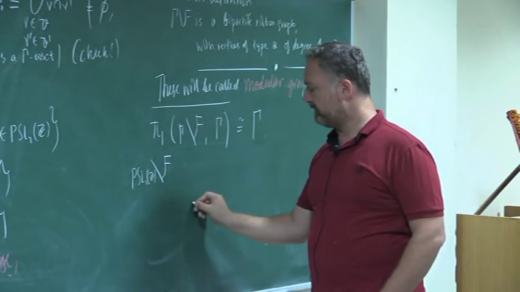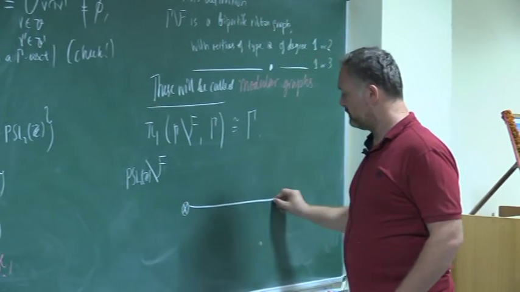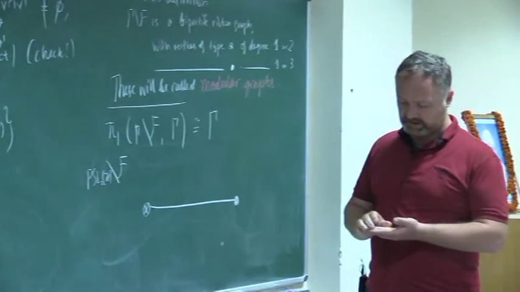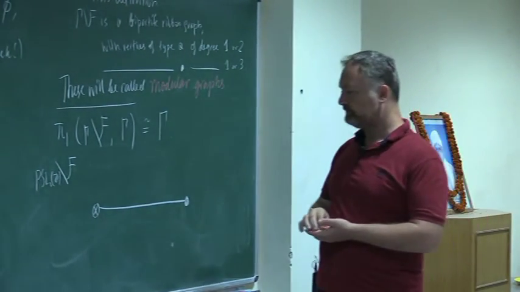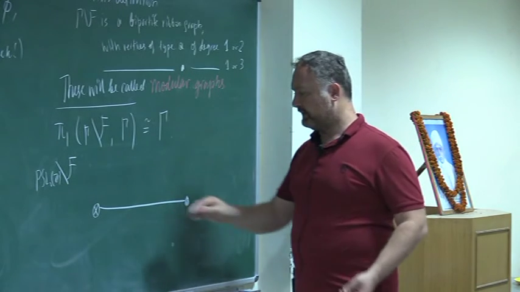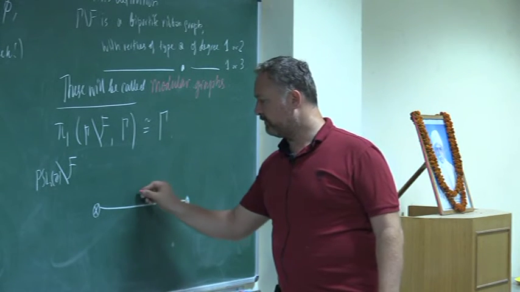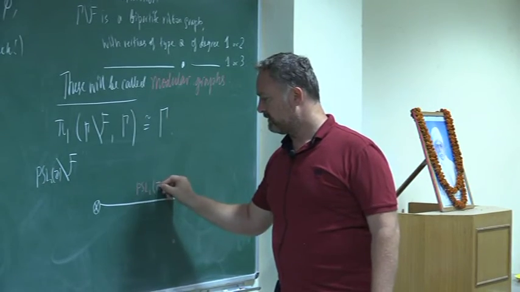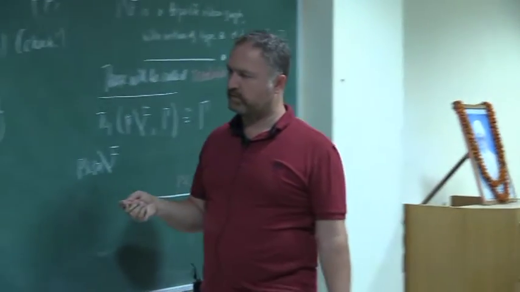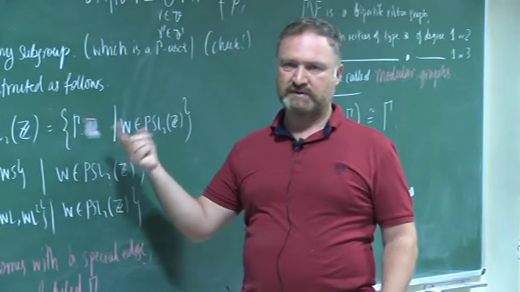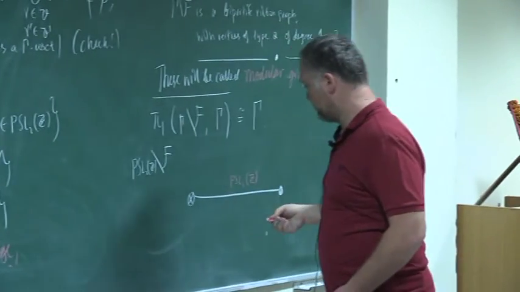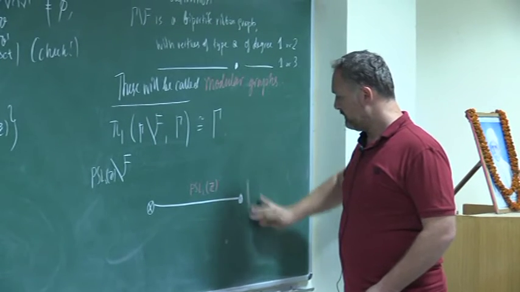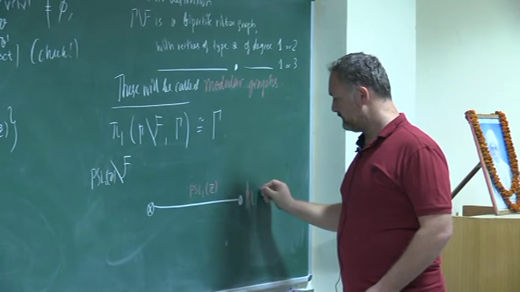This is going to be a graph with two vertices like this, and just one edge, as we noticed there. The name of the edge will be just PSL2Z, because there is just one orbit, the orbit of PSL2Z, since the action is the action of PSL2Z.